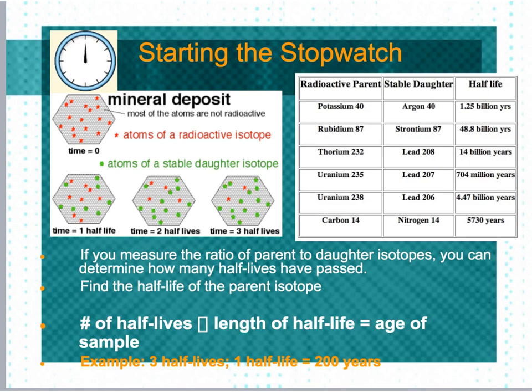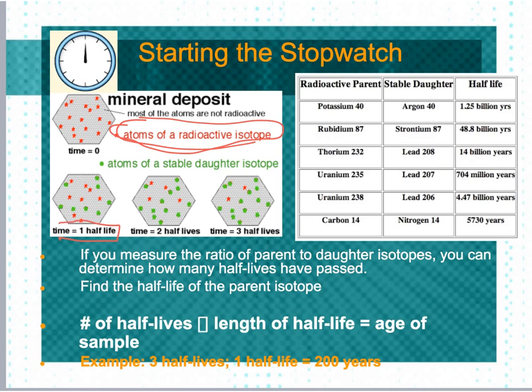All the non-radioactive atoms in this mineral are the gray area. But in this mineral, you may find a couple of atoms that have a radioactive isotope. Once we see these radioactive isotopes, we can look at the stable atoms of a stable daughter isotope over time.